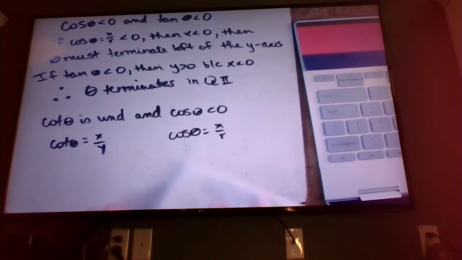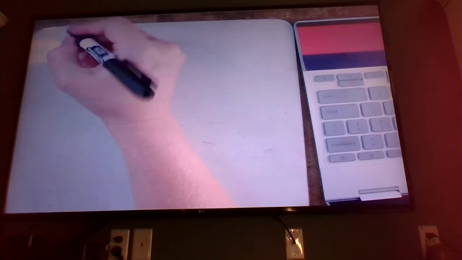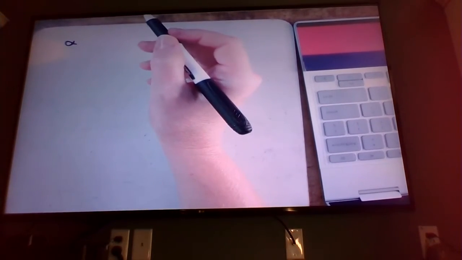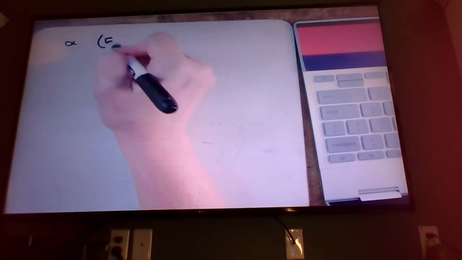All right, let's do some of those that we were talking about, where the angle passes through a point. So we have this angle alpha, and alpha passes through (5, negative 3).